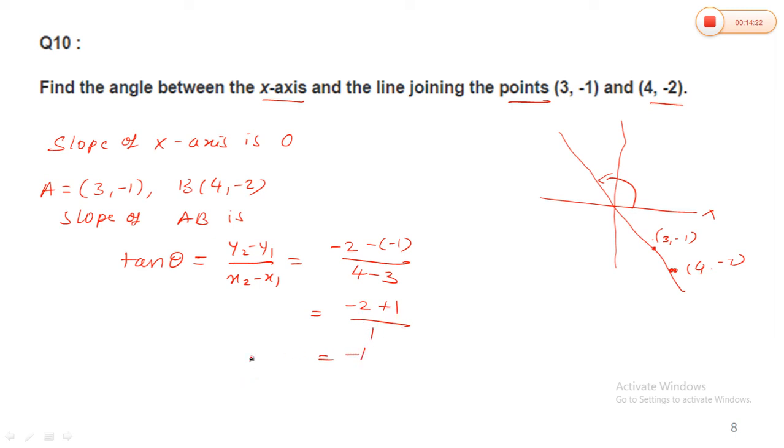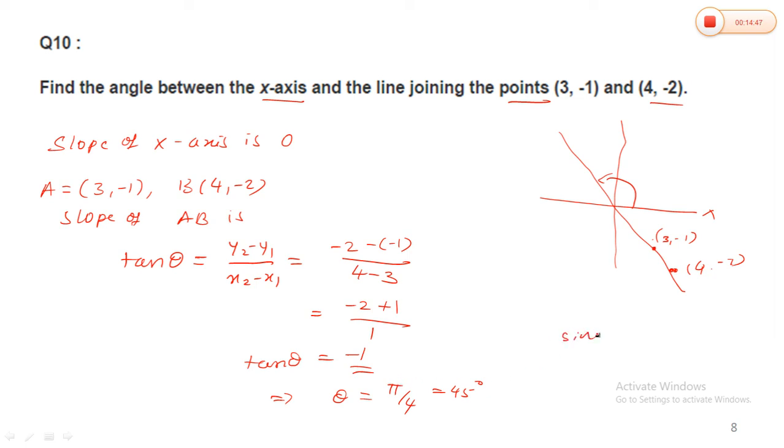So observe here, tan theta is equal to minus 1. So this implies theta equal to pi by 4. This is the principal value. Theta equal to pi by 4 or 45 degrees.